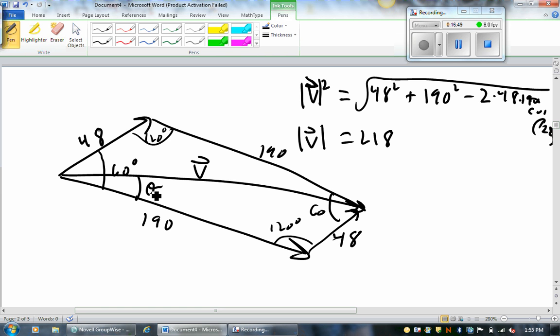Now, once again, I can use law of sines. I can't use just tangent here because I no longer have a right triangle. I need to use law of sines to find that out. So I have 48 all over the sine of theta, as well as what I just figured out, 218 all over the sine of 120 degrees.